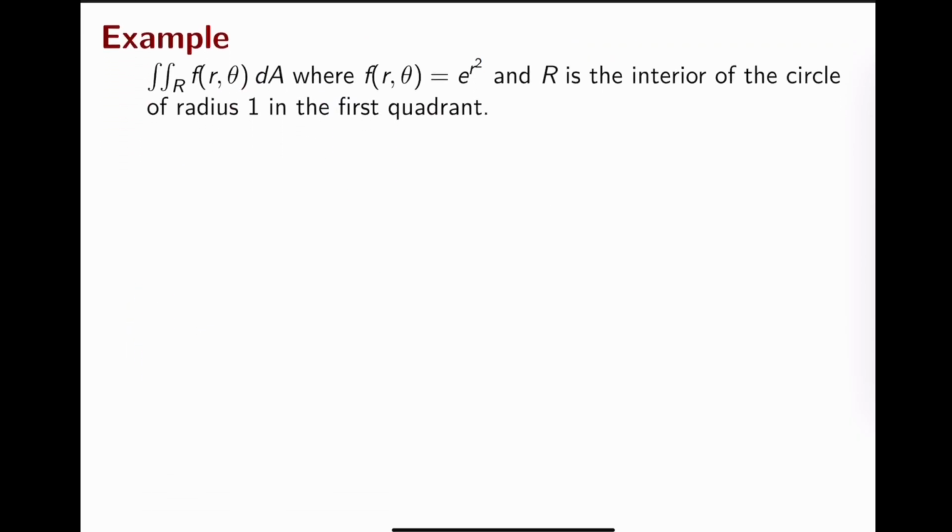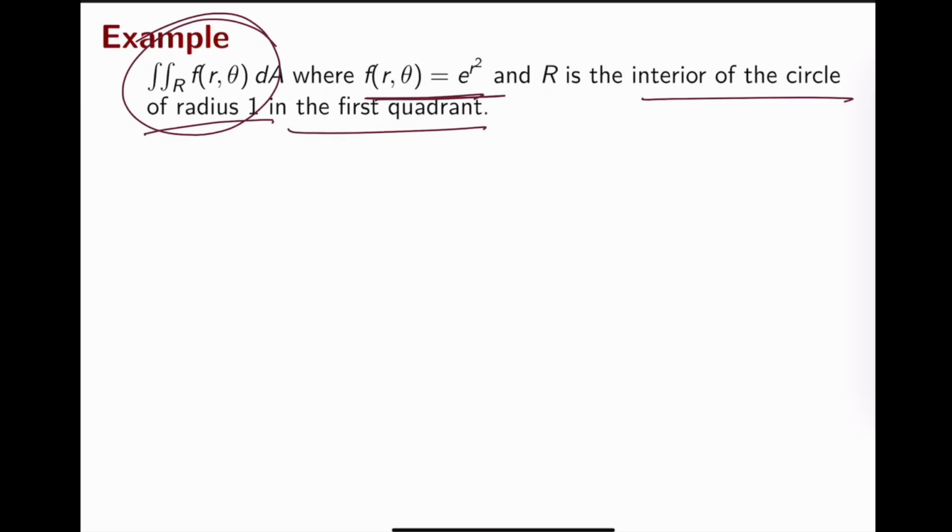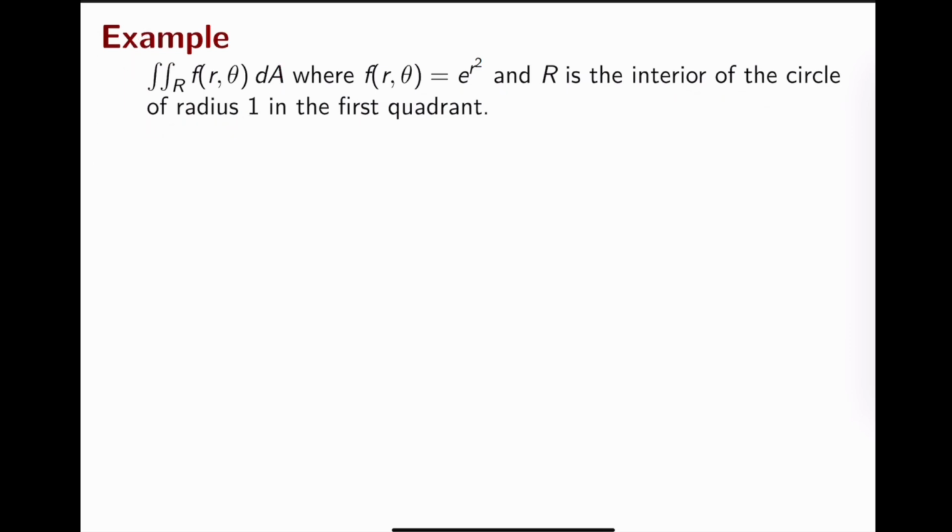For example, let's calculate the double integral of this function when R is the interior of the circle of radius 1 in the first quadrant. So we have to first identify this domain.